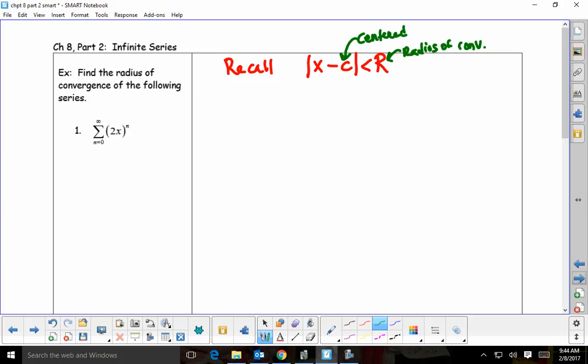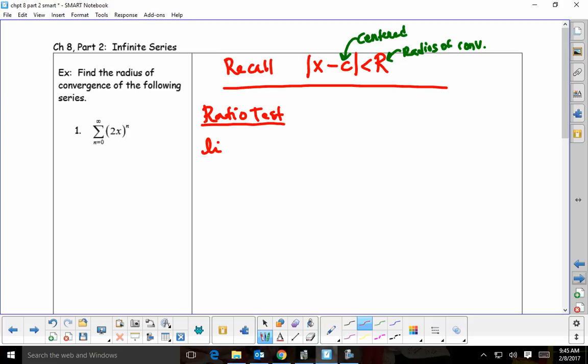So we are going to use the ratio test when we are looking for these intervals of convergence.